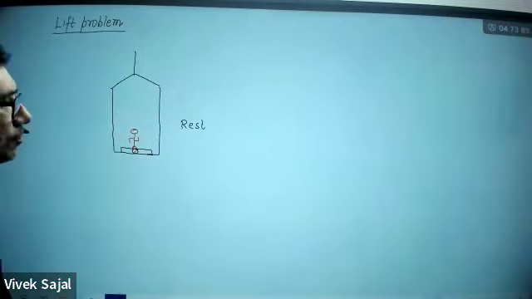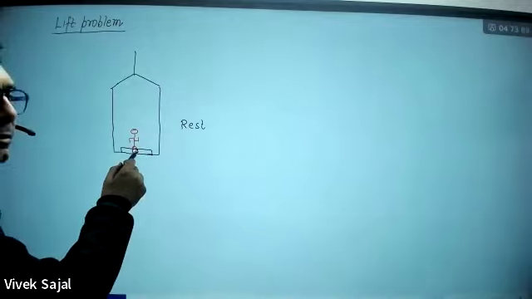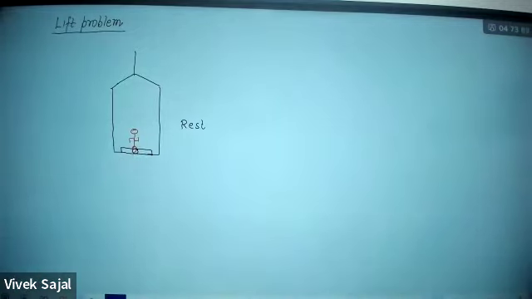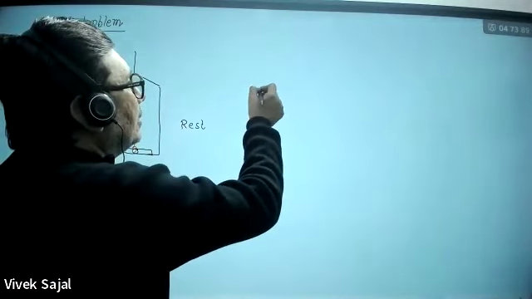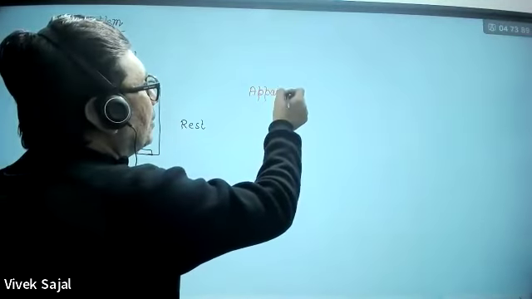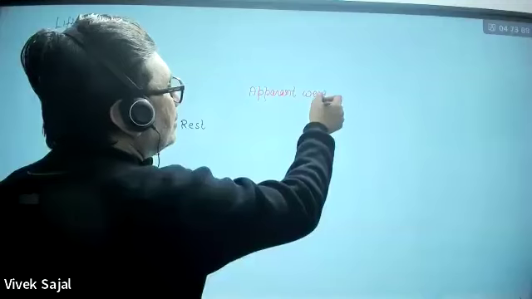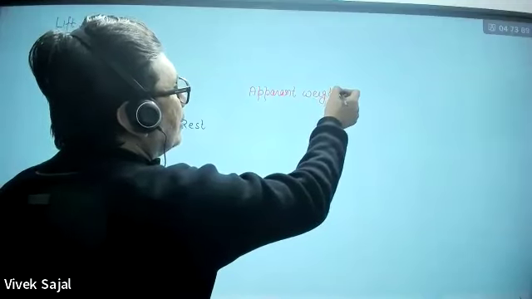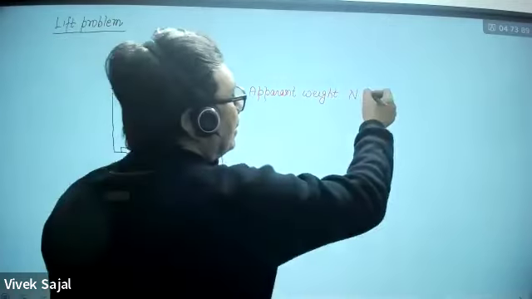So what is this going to read? It is going to read the normal reaction here. So you can write the apparent weight, that is the normal reaction when the person is in the lift.